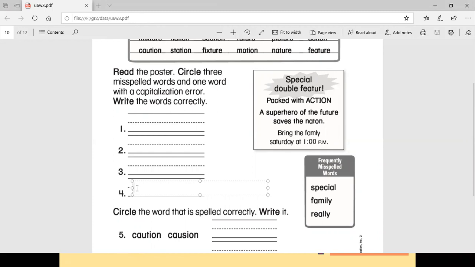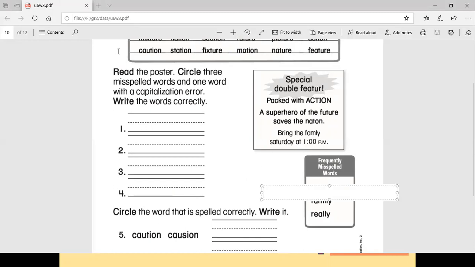Can I write it with a small letter? No. So let's rewrite the word one more time with a capital letter. Finish.